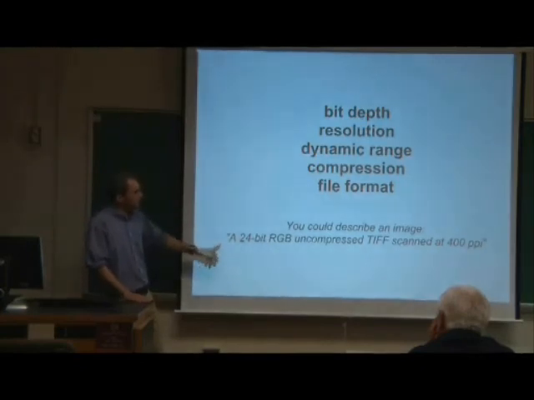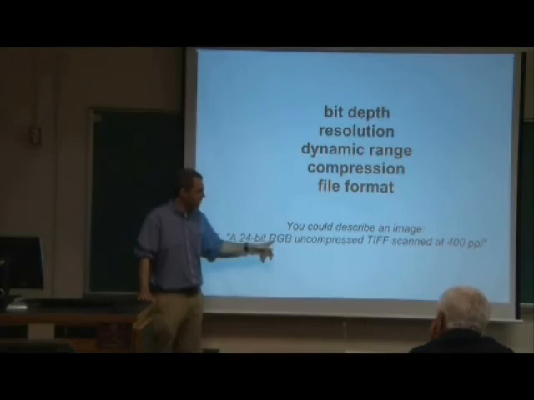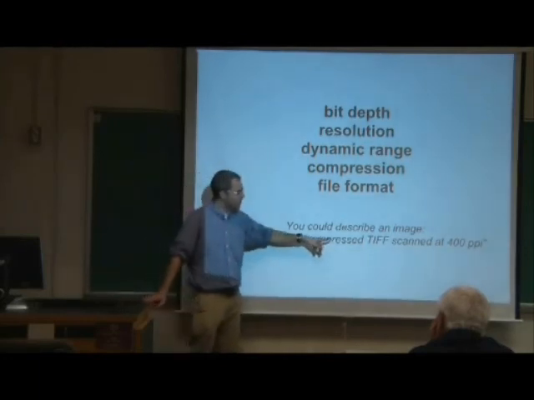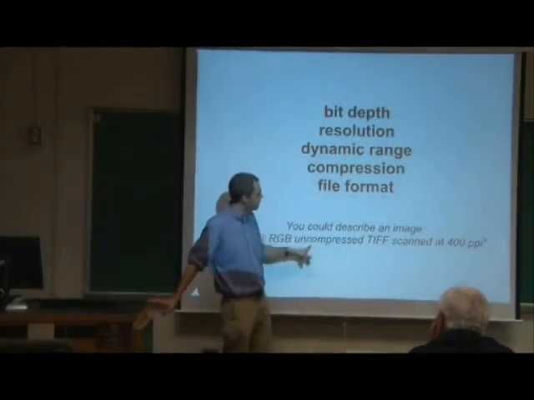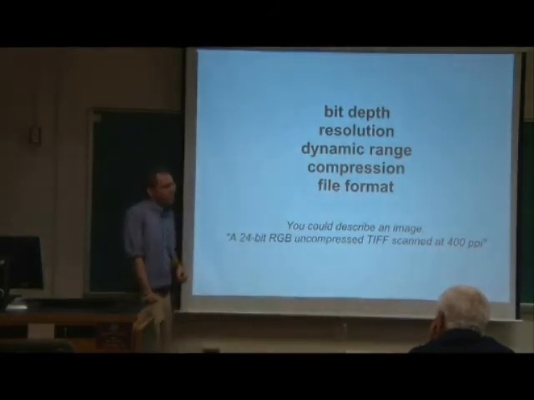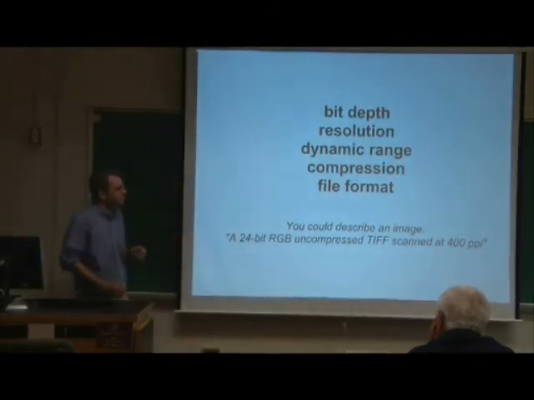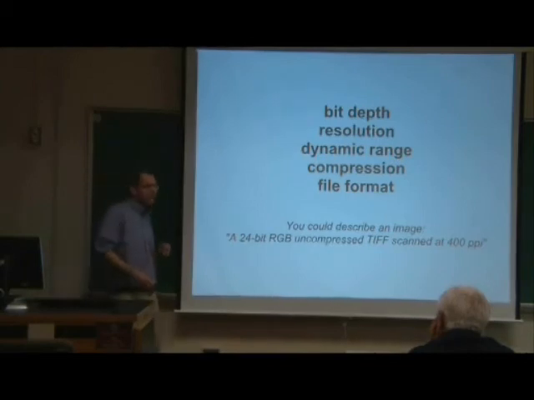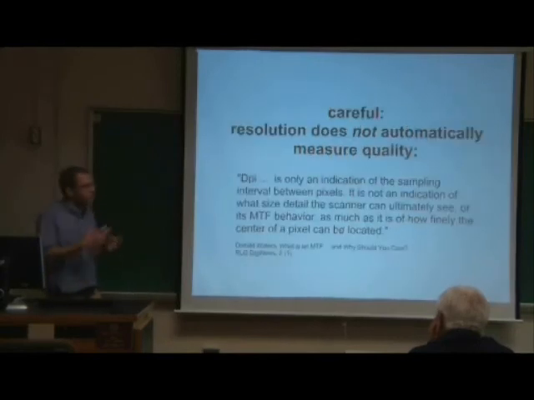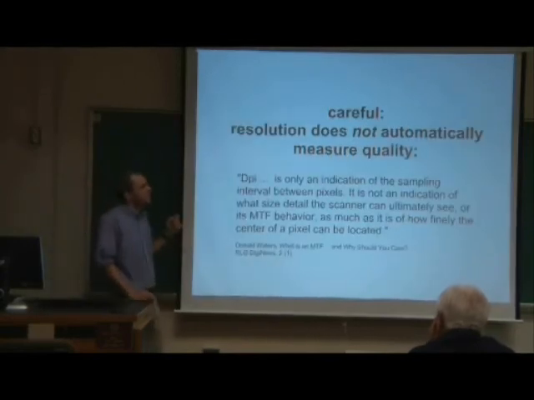So for example here, you could say, well, I've made this image, it's a 24-bit, there's the bit depth, RGB, uncompressed TIFF file format, uncompressed is saying what the compression is, scanned at 400 PPI, so there's your resolution. So the reason I'm putting all these out is this is just kind of the basic vocabulary of talking about digital images.